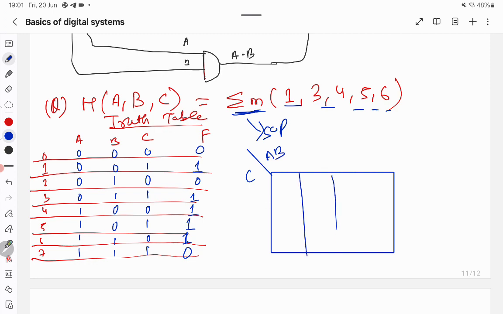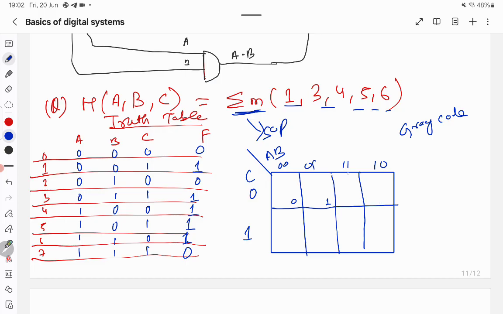So you have to draw 4 sections. Remember, you have to follow gray code. So here it will be 0 and 1, and this one will be 0 0, 0 1, 1 1, then 1 0, because 1 1 comes first in gray code. The Hamming distance must be 1. So this is 0, this is 1.